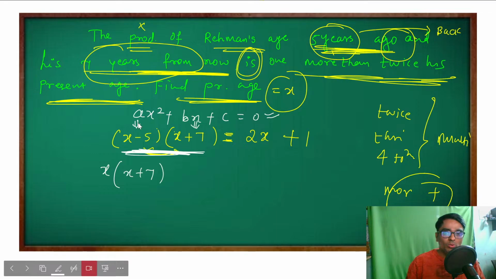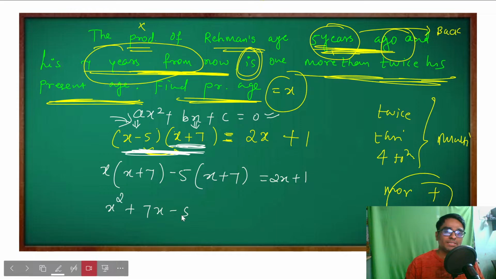Now go again to the first bracket, take the second term, minus 5. Repeat the second bracket again, x plus 7, equal to 2x plus 1. Multiply x into x, x square, 7x minus 5x, minus 35 equal to 2x plus 1.